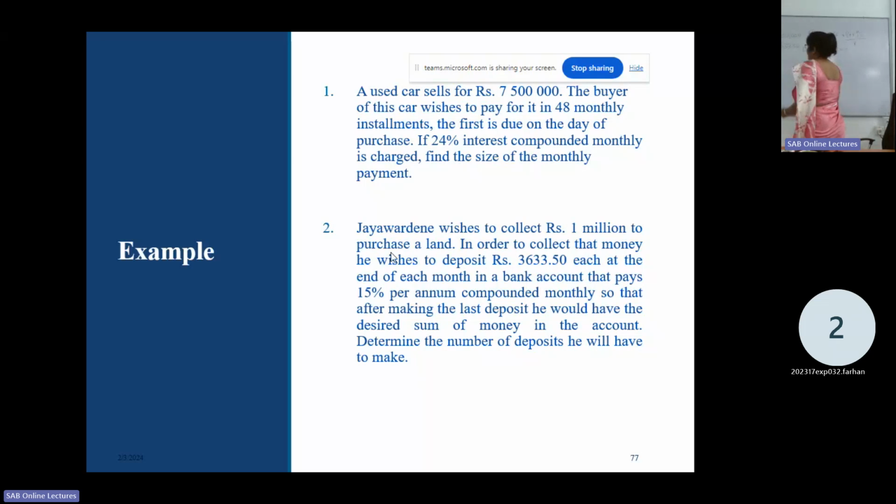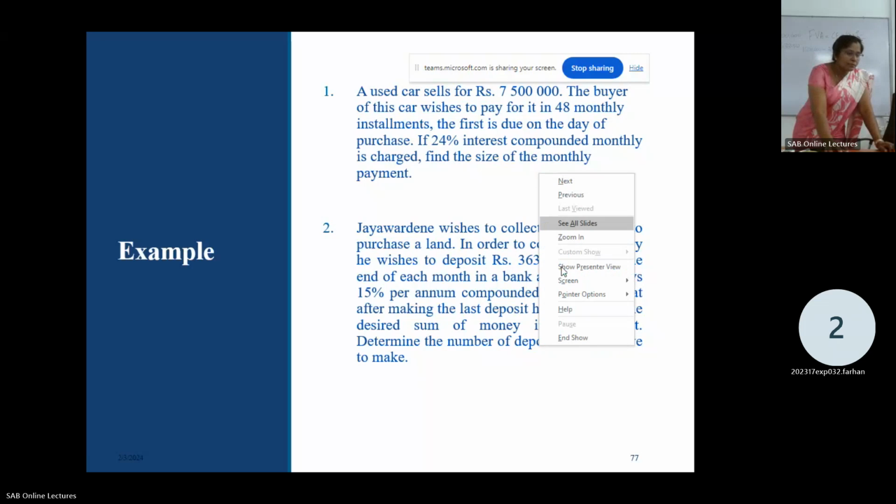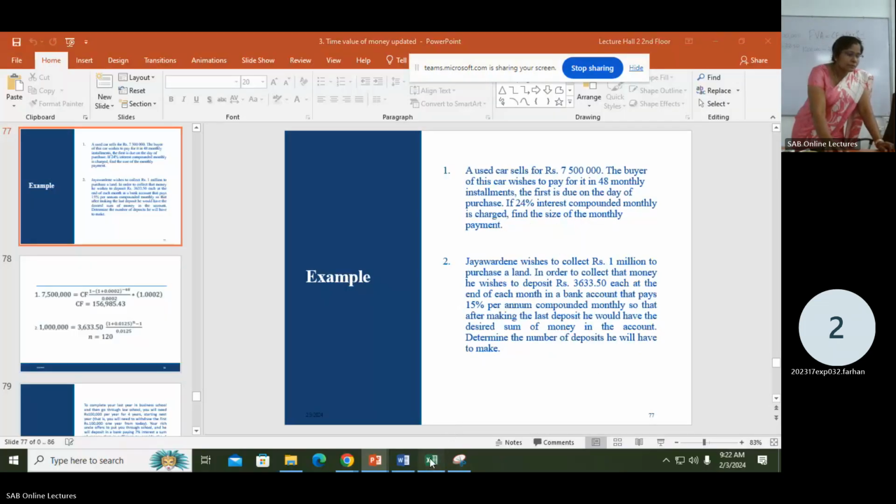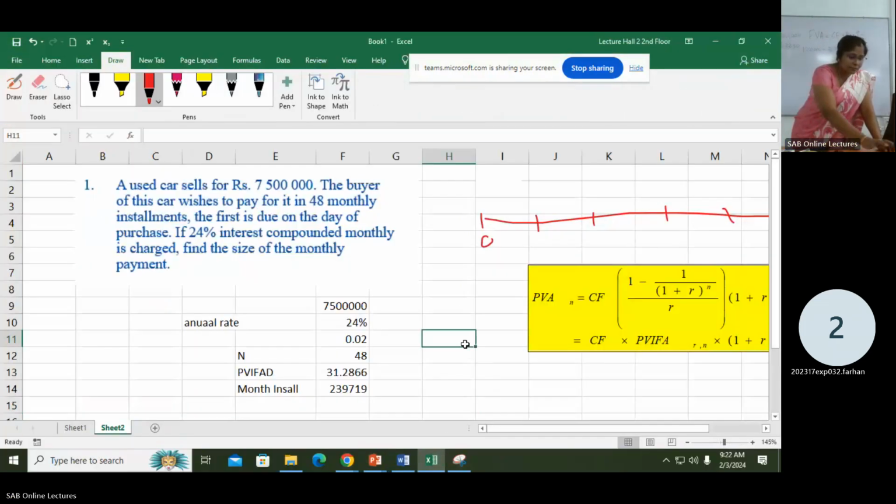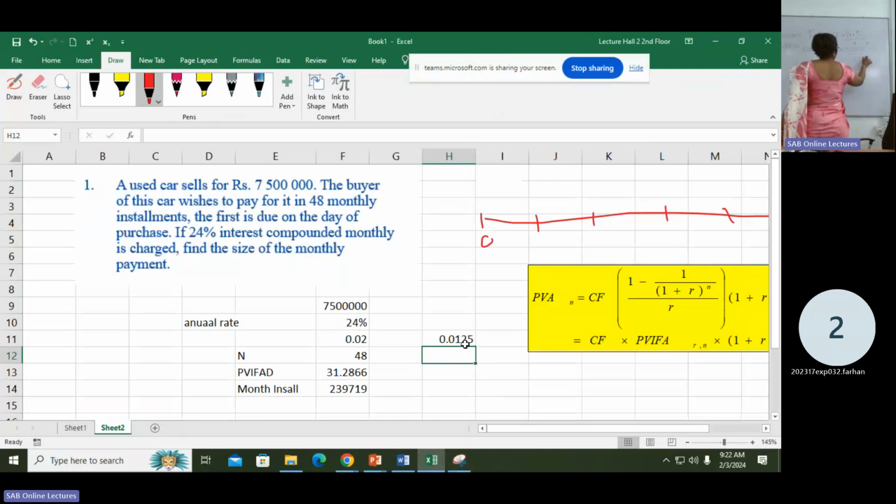So how much is 15% divided by 12? 0.0125. Then (1 plus 0.0125)^n minus 1 divided by 0.0125. Solve this for n.